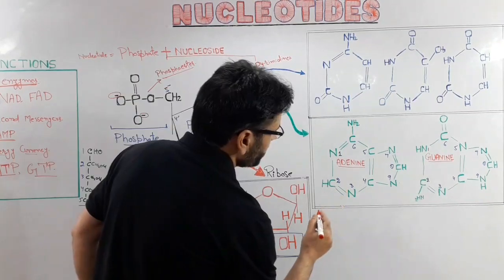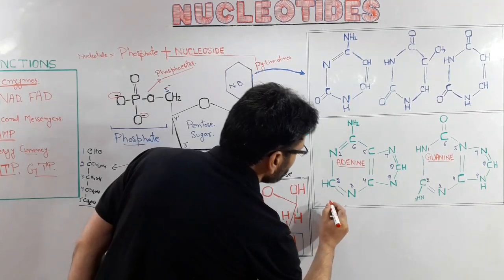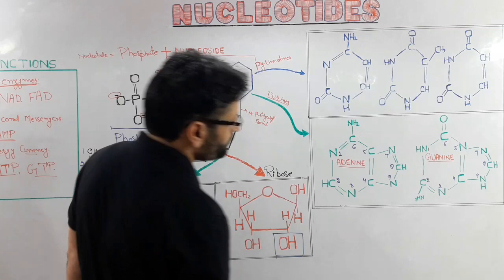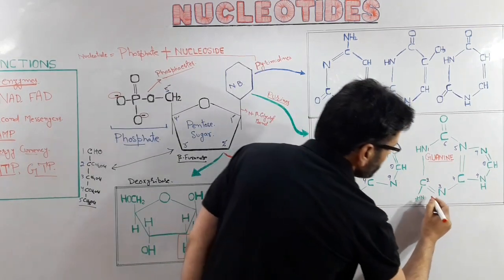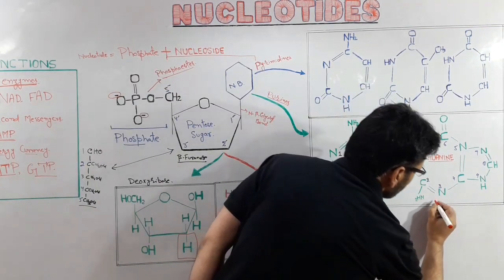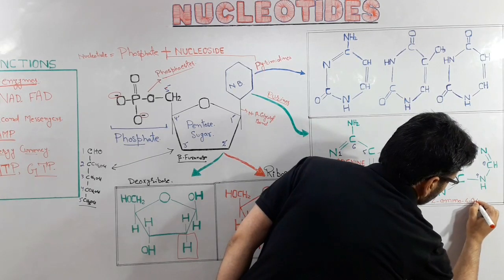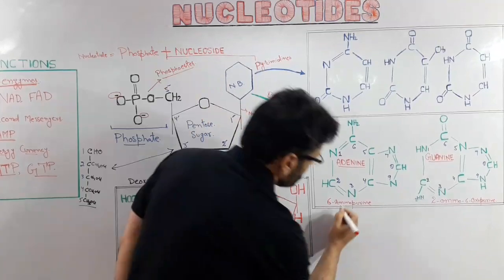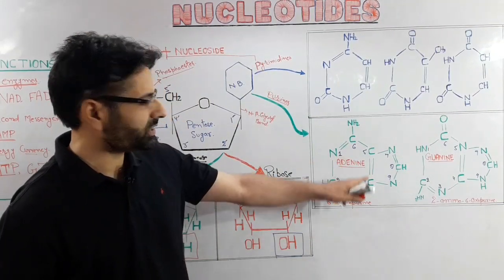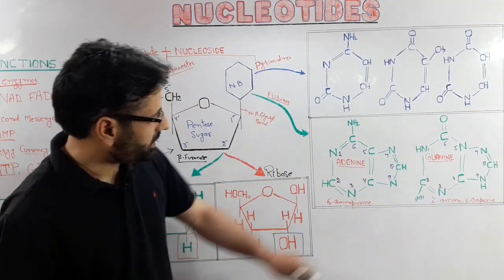Here you can write another name of this adenine as 6-amino-purine and this guanine as 2-amino-6-oxopurine. It will help you to remember the structure of these nitrogen bases.